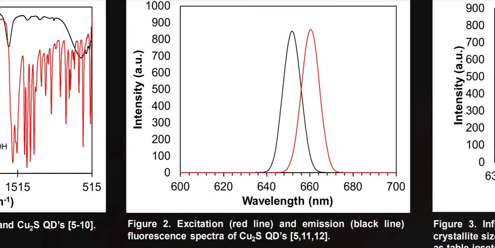The maximum fluorescent emission for the quantum dots is seen as a sharp peak in the red region at 652 nanometers, obtained at a wavelength of excitation of 661 nanometers. Having only one signal suggests narrow size distribution of the quantum dots.